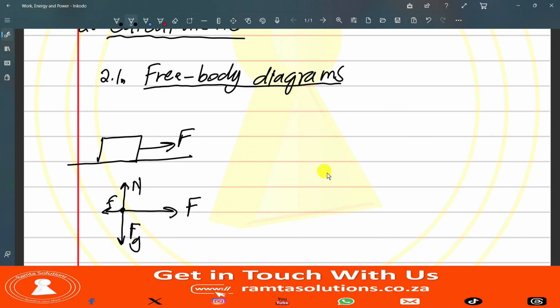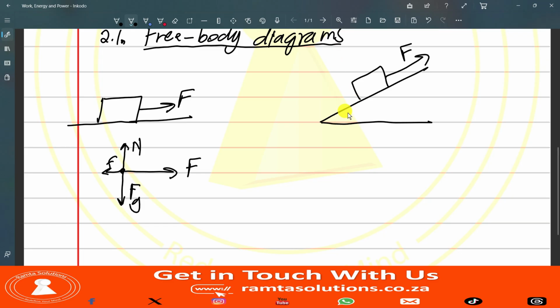Now let's consider when your object is moving on an incline, or rather it's pulled on an incline by force F. I'm going to call this the ramp, let's say it has a slope alpha. With this, you have two ways of drawing your free body diagram.